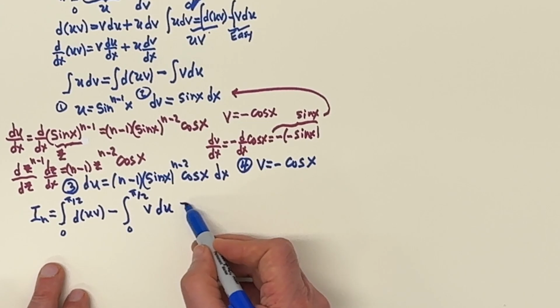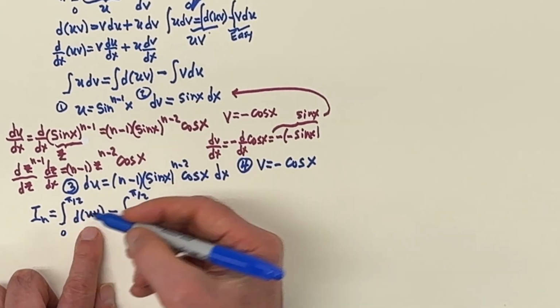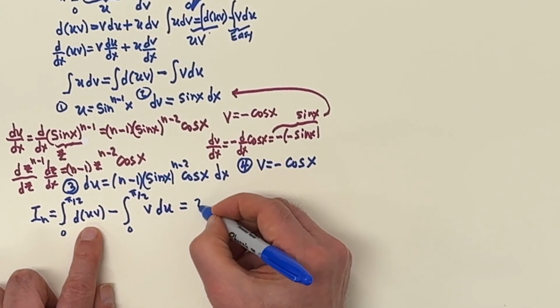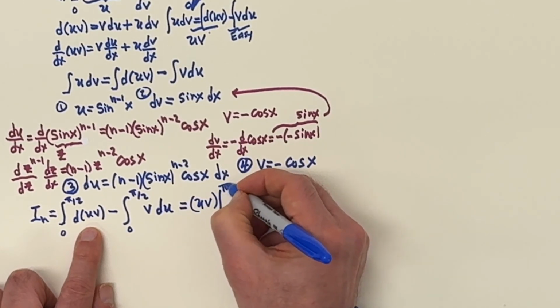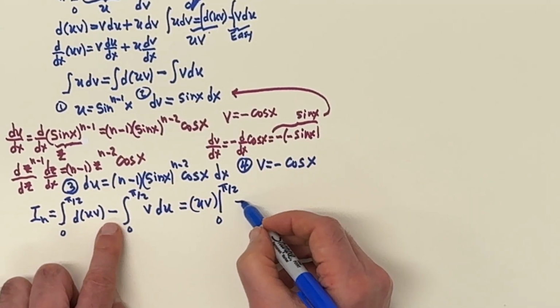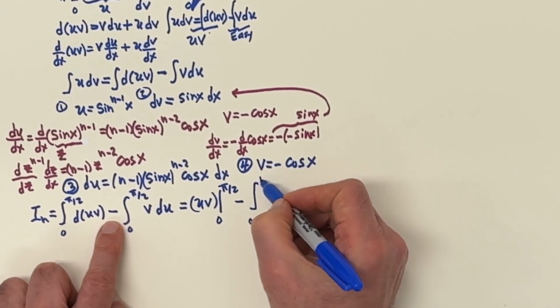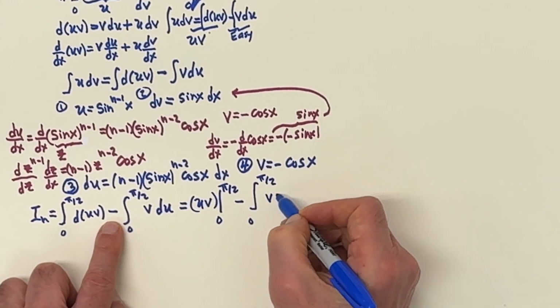Now this first one basically lists the differential, and you get uv from 0 to pi over 2. And then the second one we'll just write down and deal with it in a second.